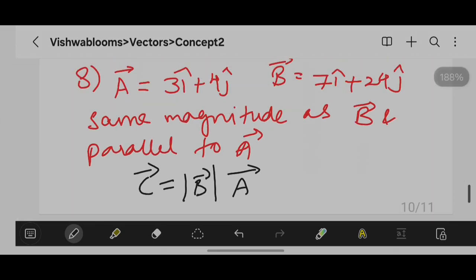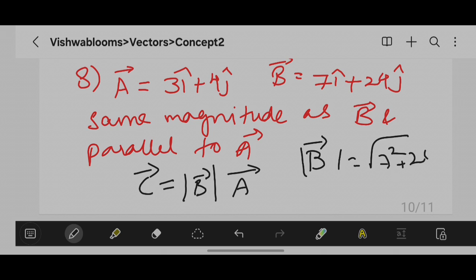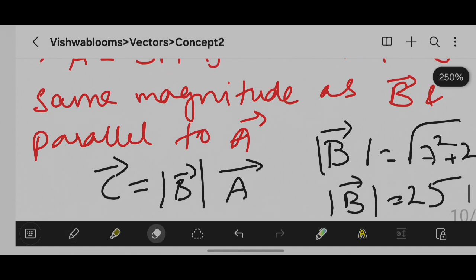Now we'll find the magnitude of the B vector. Root of 7 square plus 24 square, which is root of 49 plus 576, which is root of 625. That is 25, right? Now, this is not simply A bar, it is A cap, that means you have to multiply with the unit vector.